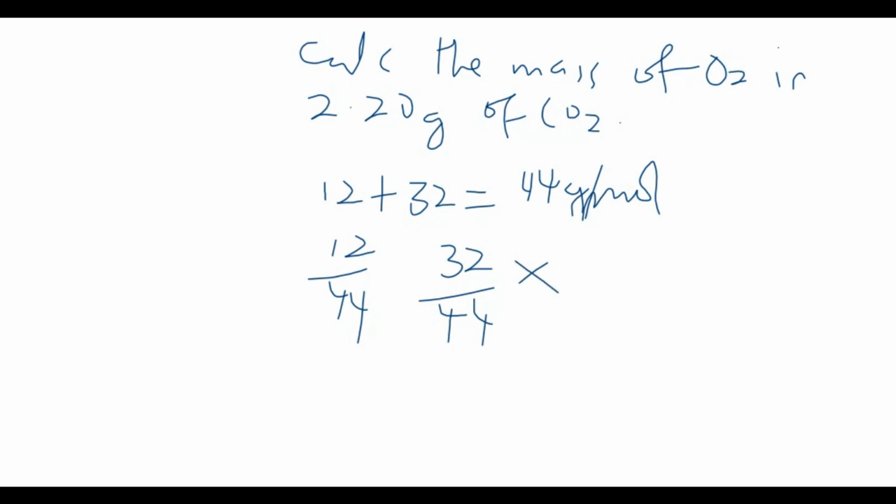We are going to multiply this 32 on 44, which is an expression of the fractional mass of oxygen in carbon dioxide as a compound, by this 2.20, and that is going to give us the mass of oxygen in this sample.